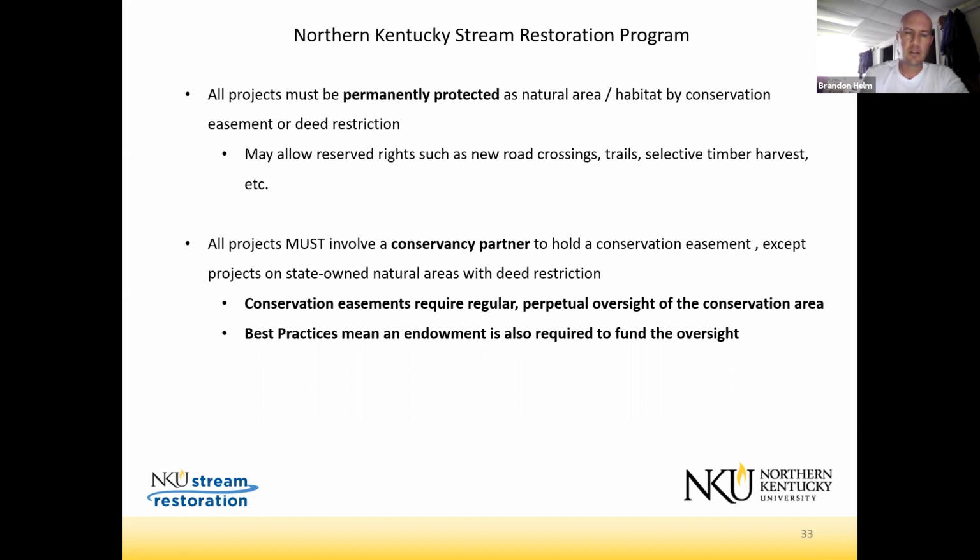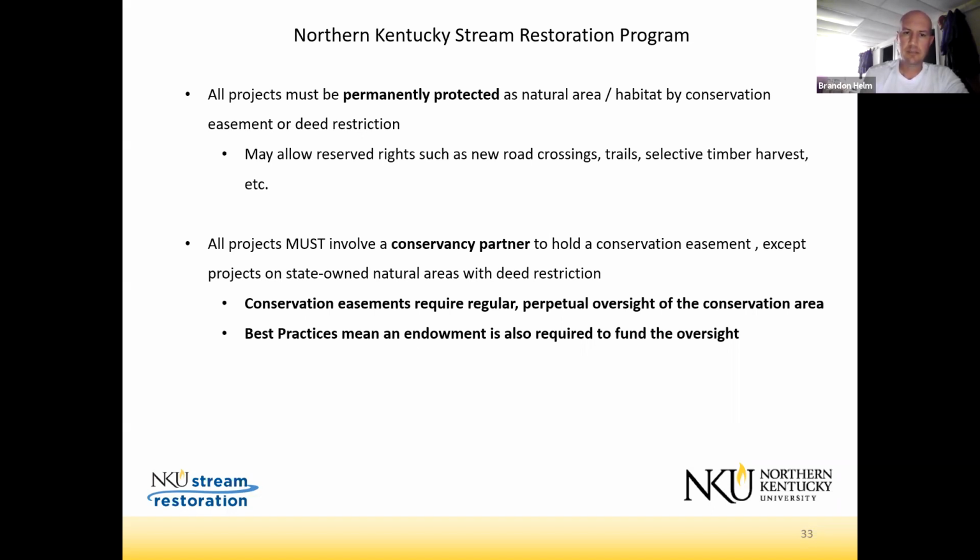And another requirement of the easement is that those get inspected annually to ensure that nobody's encroaching, which can be something as simple as mowing where they shouldn't, or cutting down trees, building a house or something.